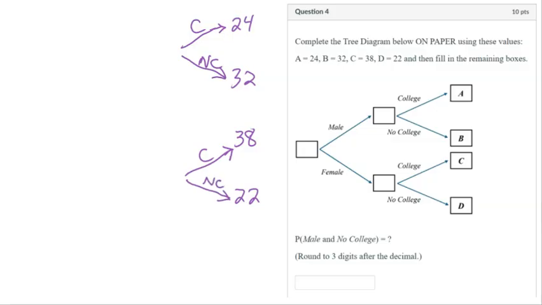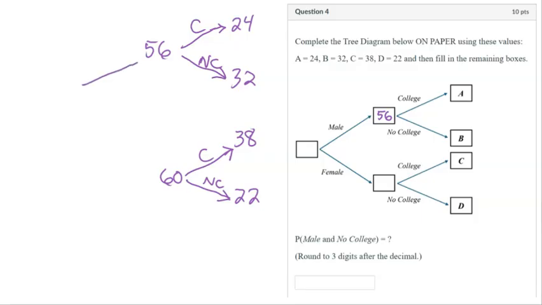Now if we add up 24 plus 32, that's 56, so we'll put that here. Now if it was on here, that would go right here, so this one would be 56, but I'm redrawing it over here. And then here, 38 plus 22 is 60.